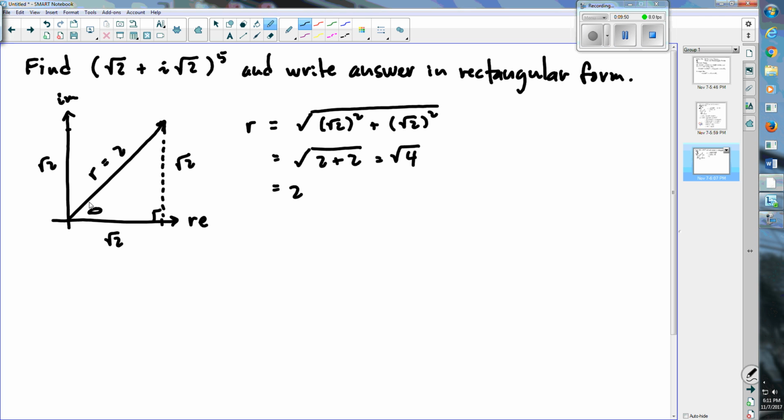All right, we should recognize this angle in here. I'll call it phi, and we should recognize that phi is 45 degrees. It's one of our special triangles. So we can write this number in this form: 2 times the cosine of 45 degrees plus i times the sine of 45 degrees.